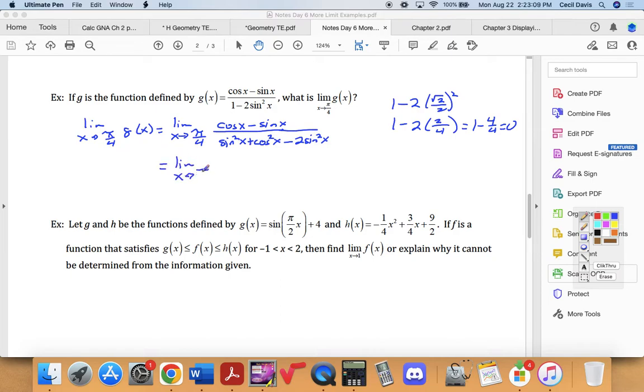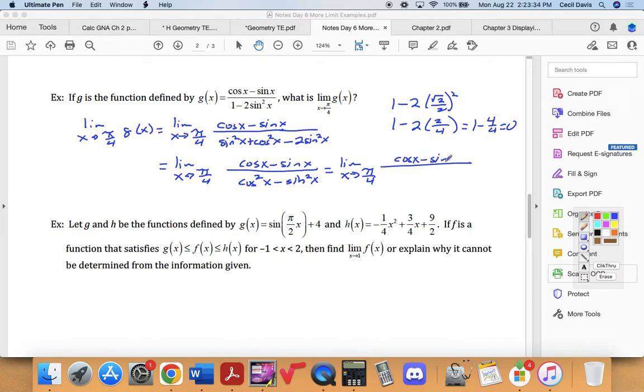So that'll be the limit as x goes to pi over 4, I'm going to do this as quick as I can, of cosine x minus sine x. Down here, I'm going to have cosine squared x minus sine squared x. It's still 0 over 0 because I haven't been able to cancel anything yet. I'm just going to show you this one more step.